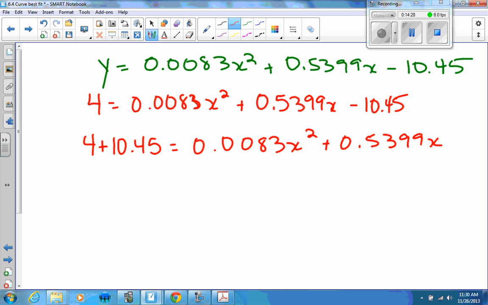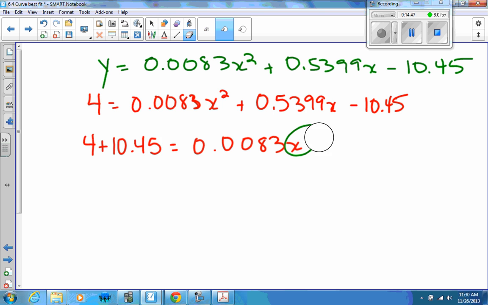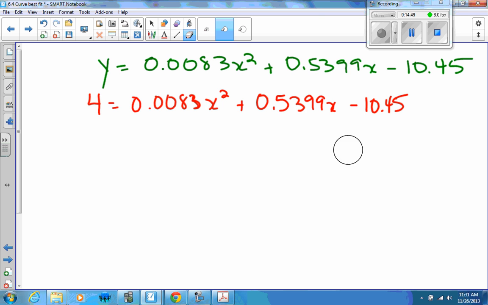But if I think about this for a second, this is a quadratic function, right? So I'm going to have 2 possible answers for x. So what I want to do is I actually want to solve it, and hopefully I can factor it, or I can use the quadratic equation to get my 2 answers. So let's go back.